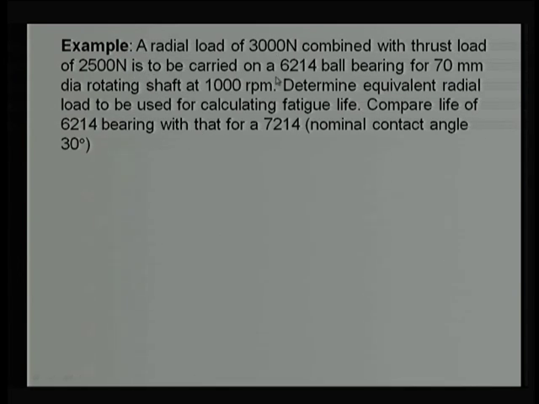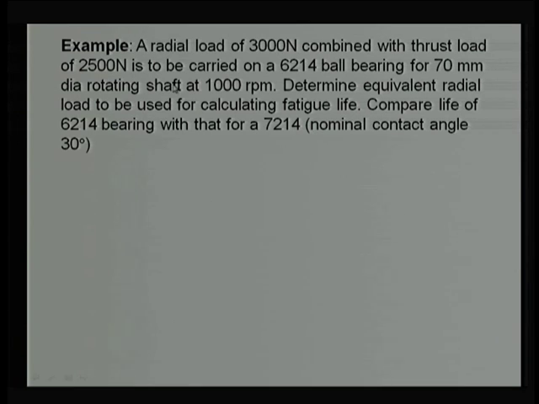This is to be carried by one deep groove ball bearing of the 6214 series. As already mentioned, the last two digits are 14, and if you multiply by 5, naturally we get 70 mm. It is for a 70 mm shaft rotating at 1000 rpm. So in this case particularly, the inner ring is rotating.